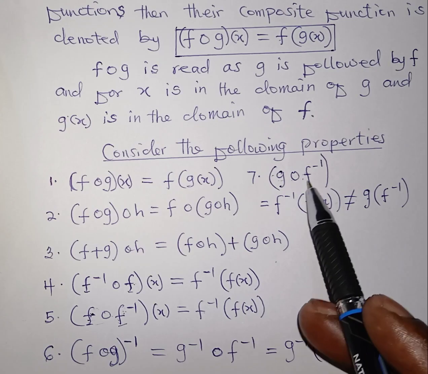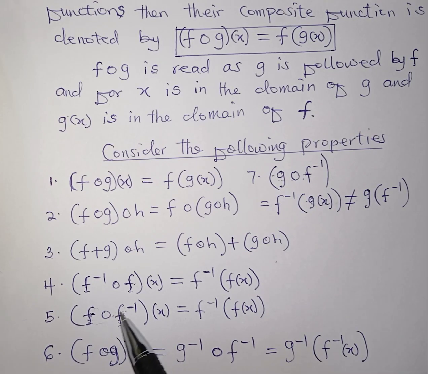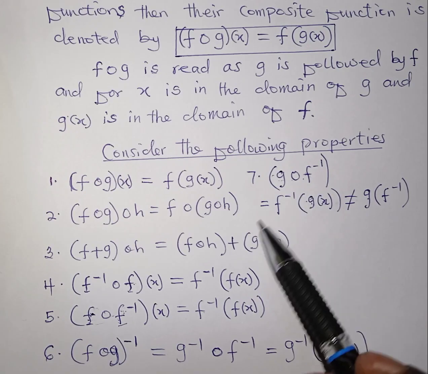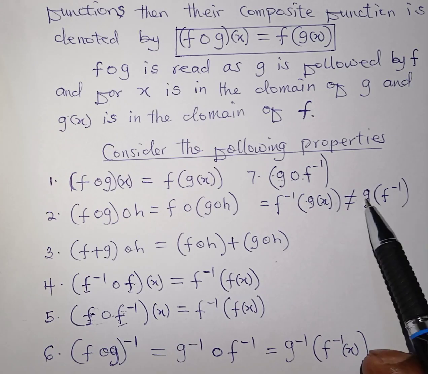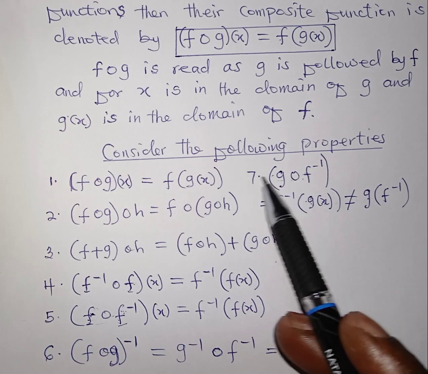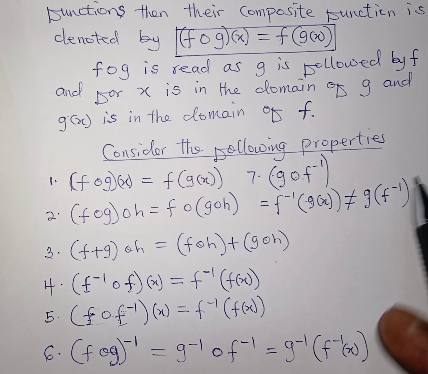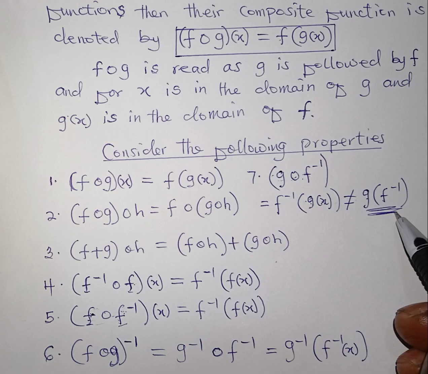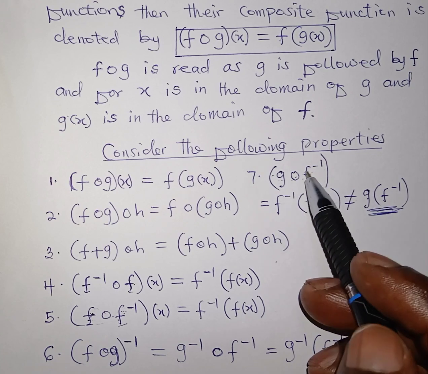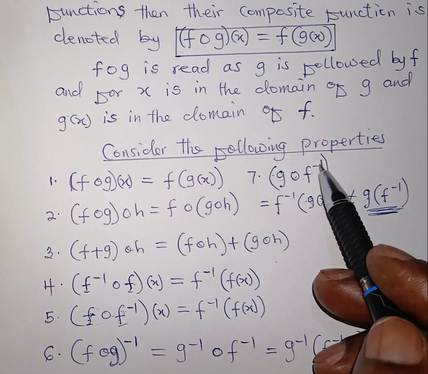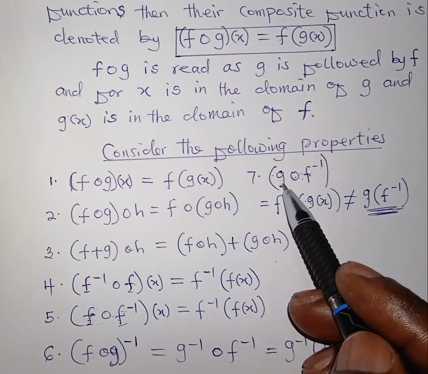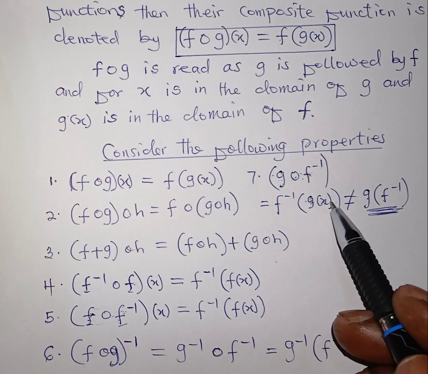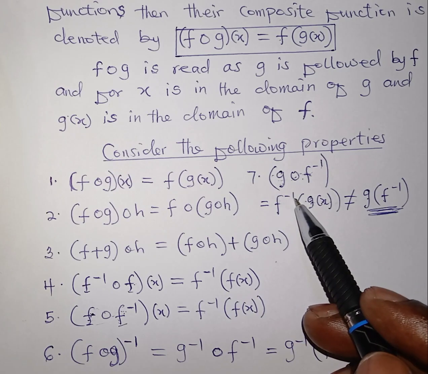So don't think that because you see it like this, when you get something like this, you are going to write, no, this and that are not the same. So when you are giving an example like this, please write it like this. Consider this. It means that the inverse of F is followed by J. So don't say J is followed by the inverse.